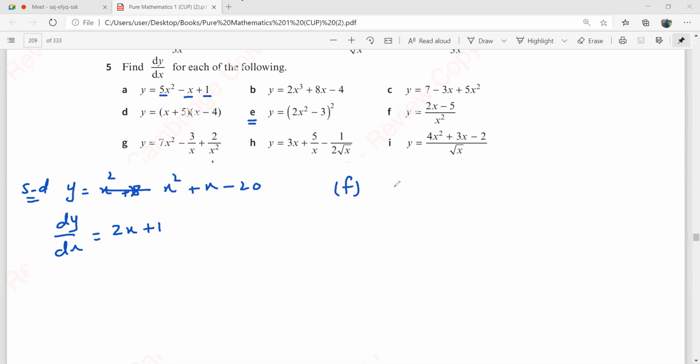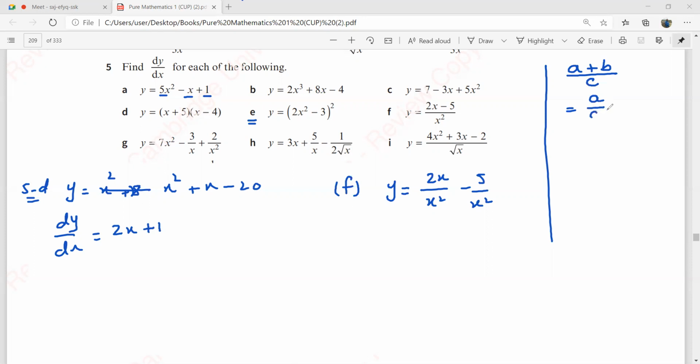Look at this f part. Yeah, this is a tricky one. This is going to be y is equal to, you can split it like this, 2x over x squared minus 5 over x squared. Now, the better students know that if you have a plus b whole over c, you can write it as a over c plus b over c. But you need to remember this as well, that if you have a over b plus c, you cannot split here.